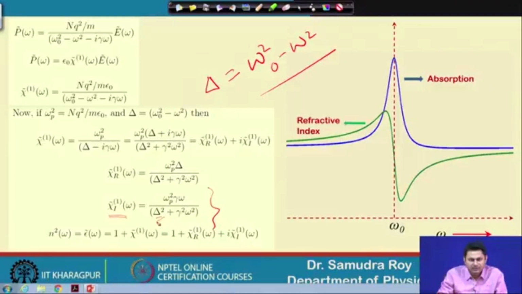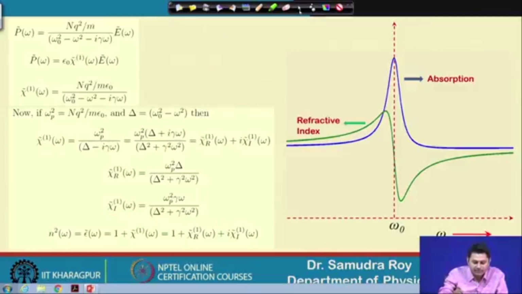When the resonance frequency matches the external frequency, the molecules, atoms or electrons will vibrate with the electric field, and if this vibration frequency is very close to the resonance frequency, most of the energy will be absorbed by the system, and that is why we will have a huge absorption line here.